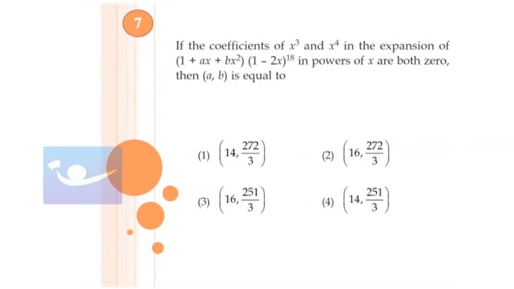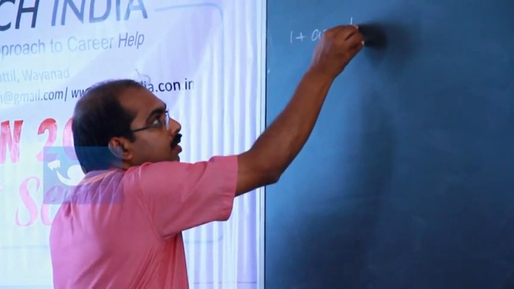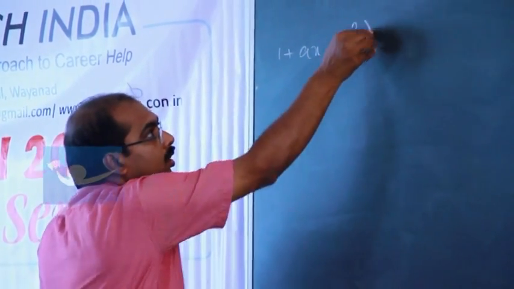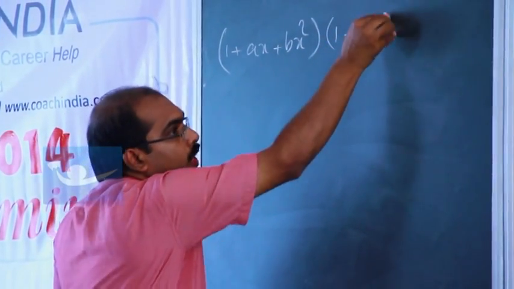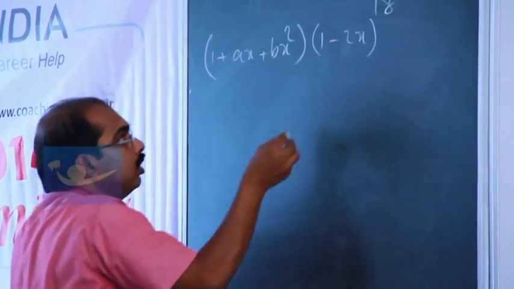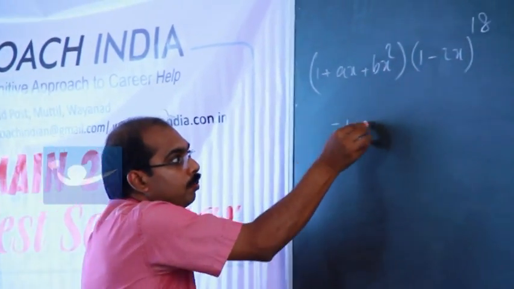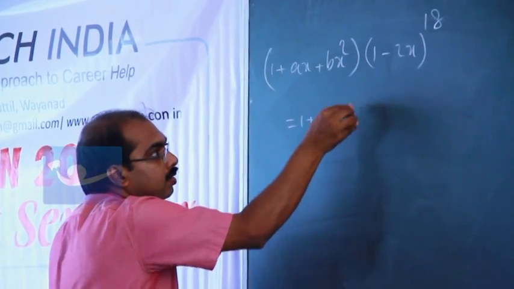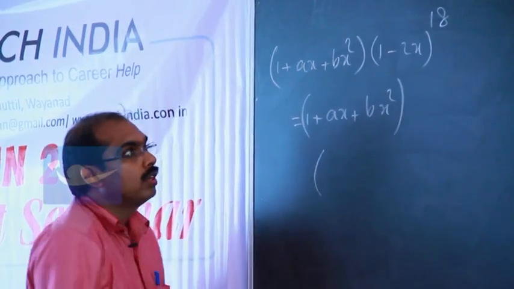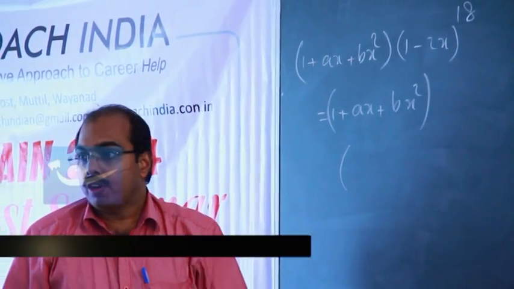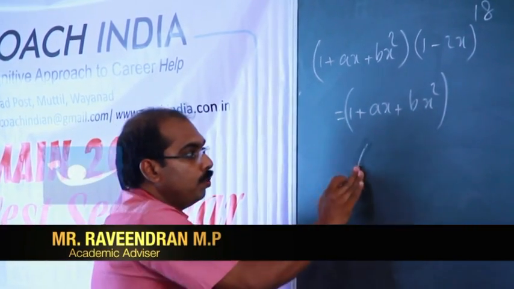For that, what we do is, we have 1 plus ax plus bx squared into 1 minus 2x to the power 18, equal to 1 plus ax plus bx squared into this 1 minus 2x to the power 18 can be expanded.